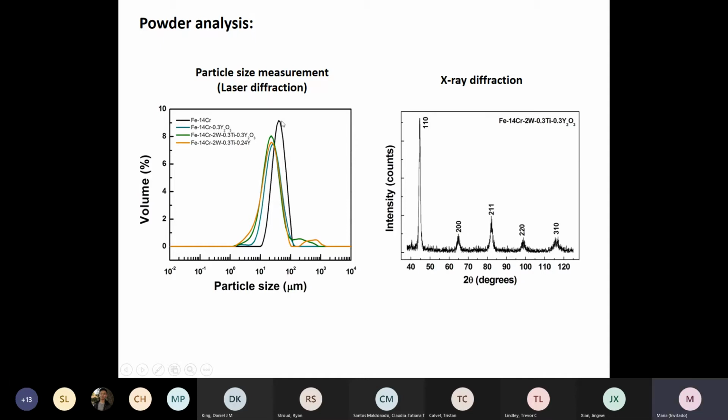We went from a 50 micron powder to 20-something microns when we added yttrium or tungsten and titanium. And regarding the crystal structure, we obtained an alpha phase structure for the powder. Any minor crystallographic regions could not be detected in standard X-ray diffraction.